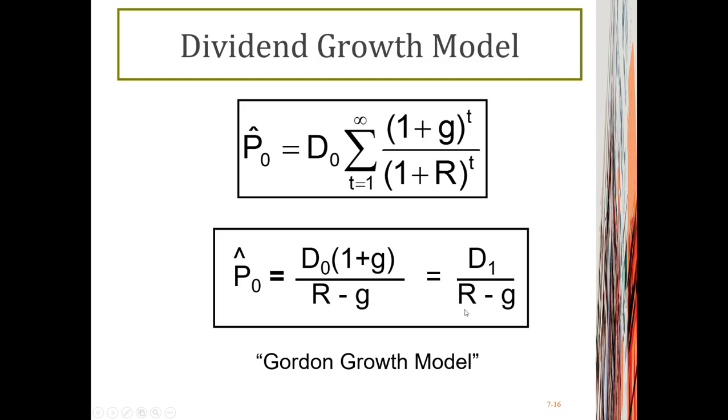The second factor is the required rate of return, and the third one is G, the growth rate. This equation has something to do with the growth rate and was discovered by Professor Gordon, which is why we call it the Gordon growth model. This is the most fundamental equation that investors use for stock valuation.